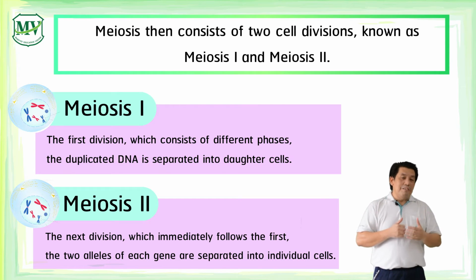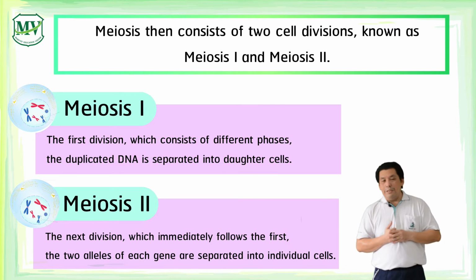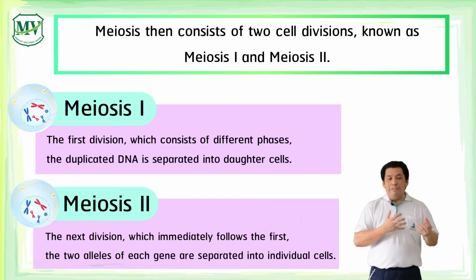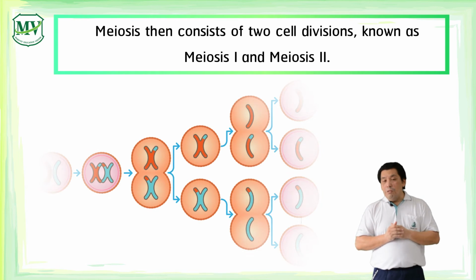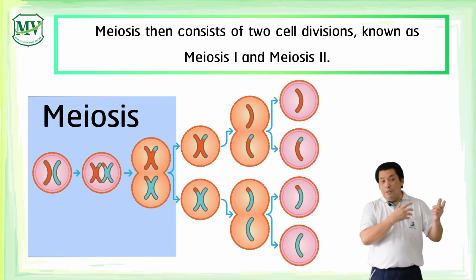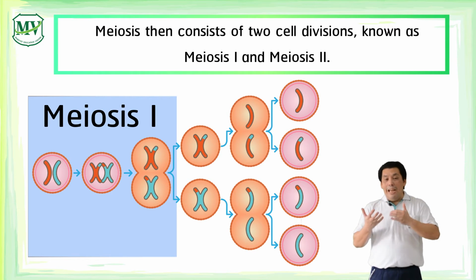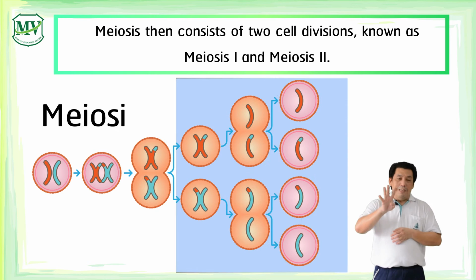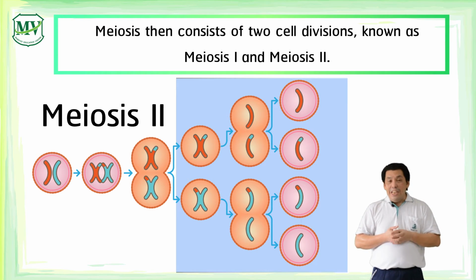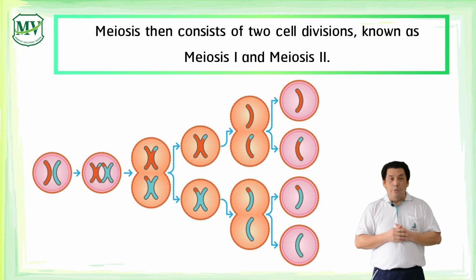The following are descriptions of the 2 divisions and the various phases or stages of each meiosis. Remember, before meiosis starts, the normally diploid DNA has been duplicated. This means there are now 4 copies of each gene present in 2 full sets of DNA, each set having 2 alleles.